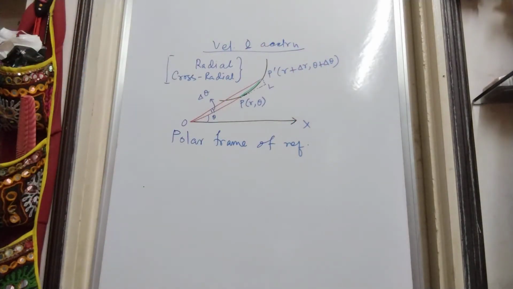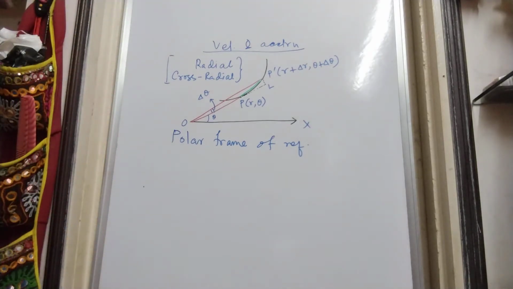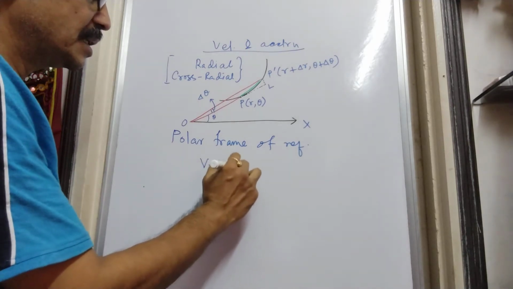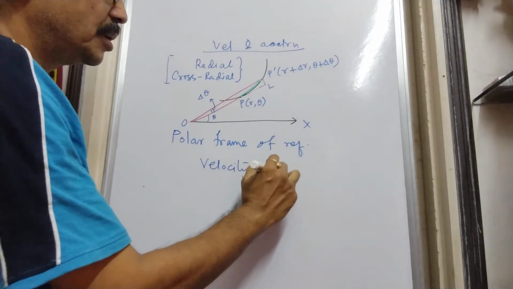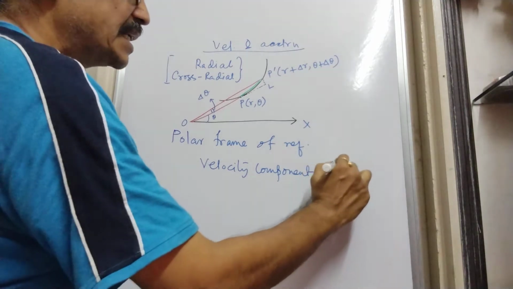So in this video, let us try to understand the method of calculating the components of velocity, the velocity component along the radius vector.